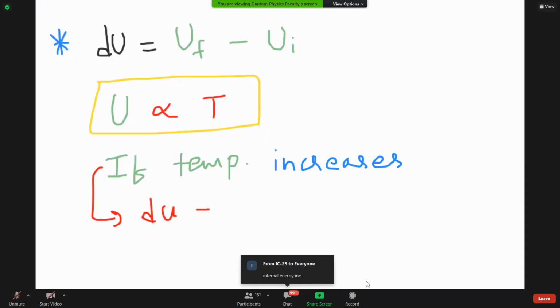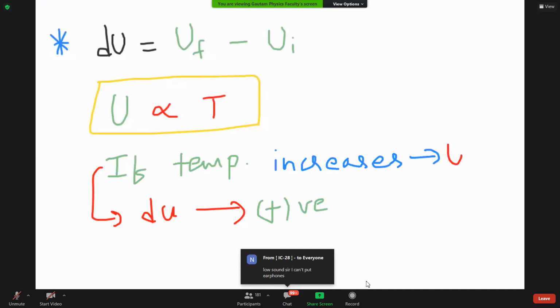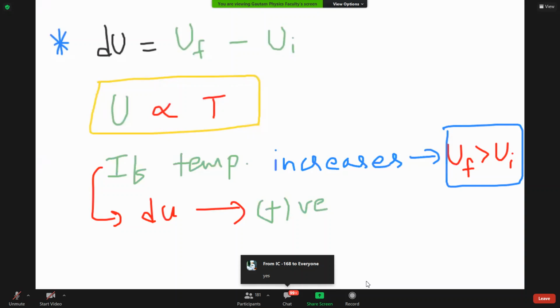Temperature increase means final internal energy is greater than initial internal energy, so dU is positive.